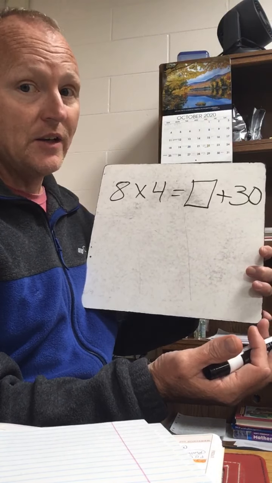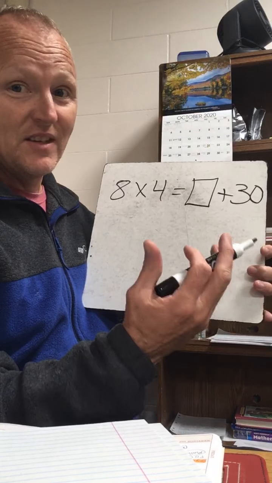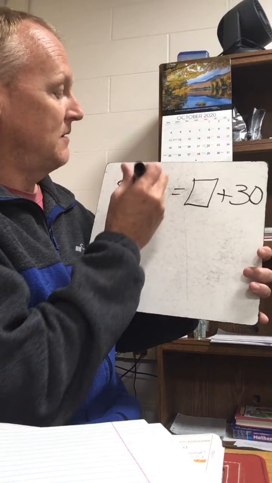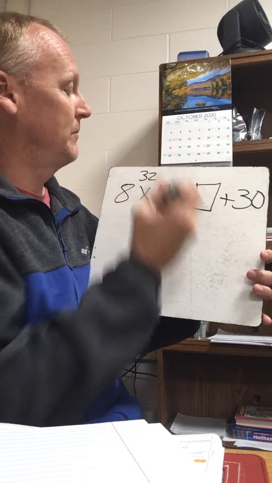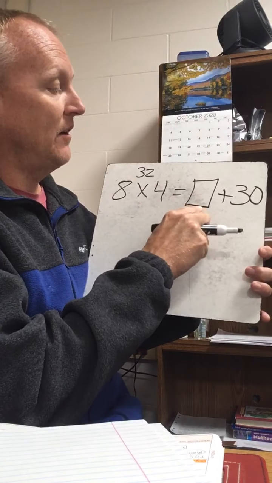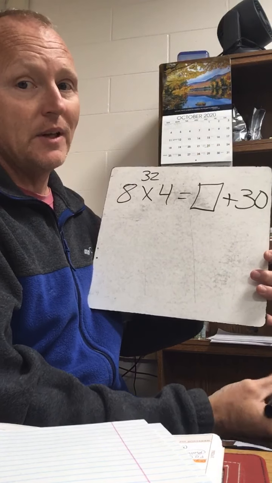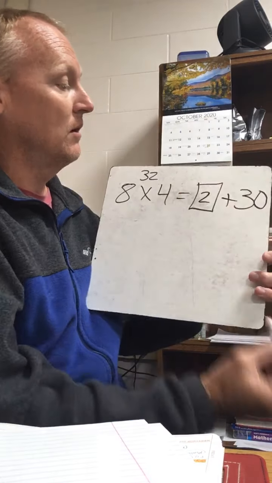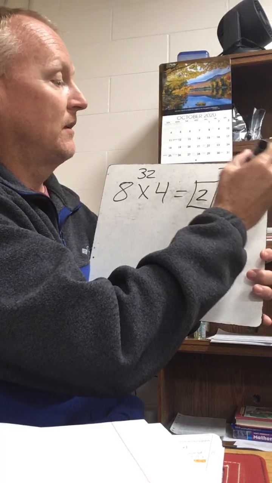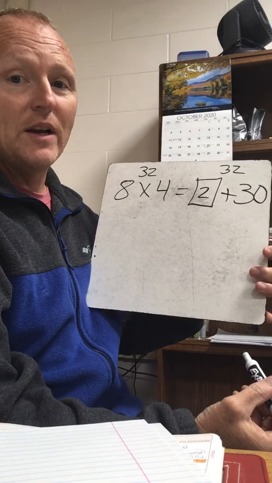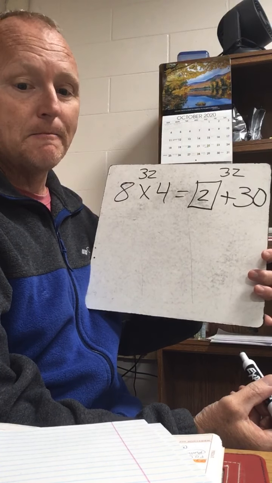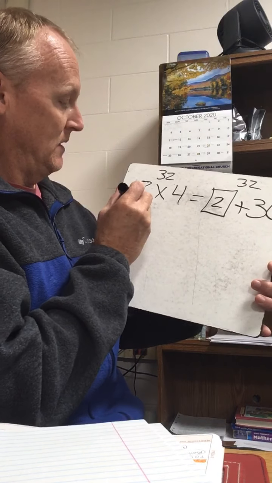You could do repeated addition. Don't just guess, because if you guess, you're going to get it wrong. But if you know it, you know it's 32. So now we come over here and ask ourselves, what do I add to 30 to get 32? Well, that's pretty easy. You just add 2 more, and then you have 32. Now you have an equation. It's completely balanced.